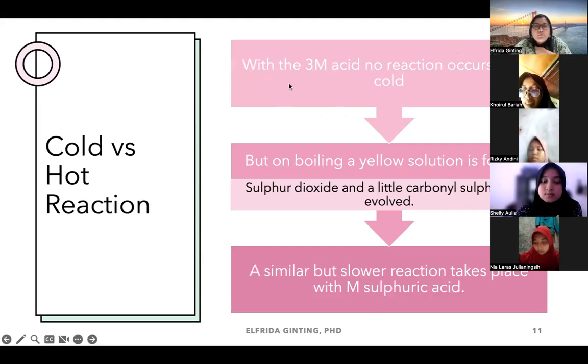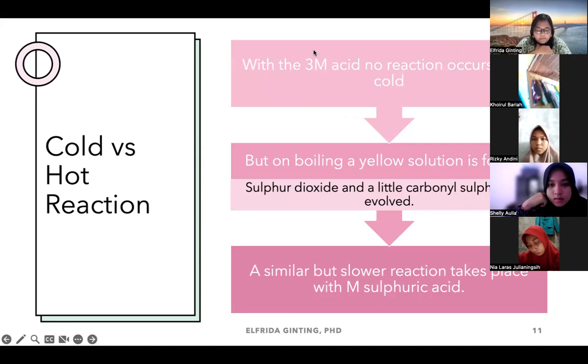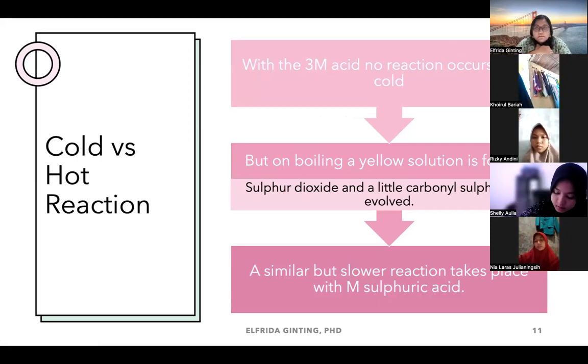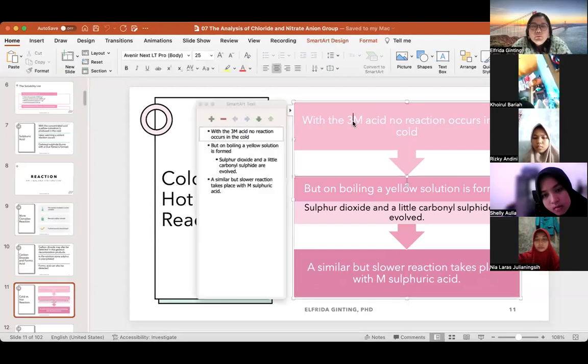Now, if we use 3 molar acid, there will be no reaction. Actually, it's not 3 molar, I need to fix it. It's 2.5 molar.